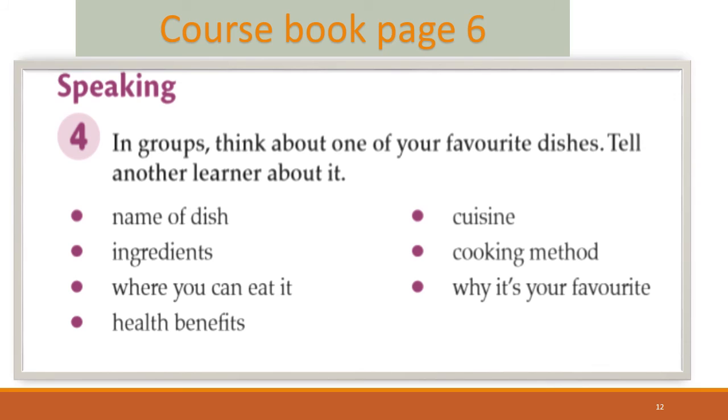Health benefits, is it good, healthy? Why is it healthy? The cuisine or cooking method? Or why is it your favorite one? So I need you now to think of one of your favorite dishes.